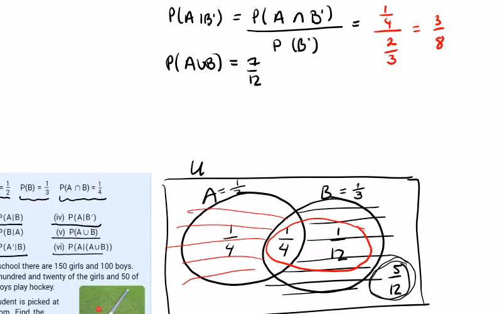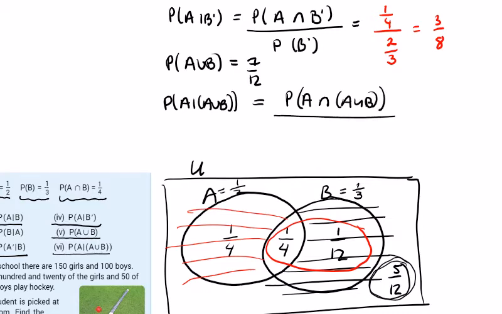And then A given A union B. So the probability of A given A union B is equal to the probability of A intersection A union B over the probability of the second one, A union B. So what's this going to give us?